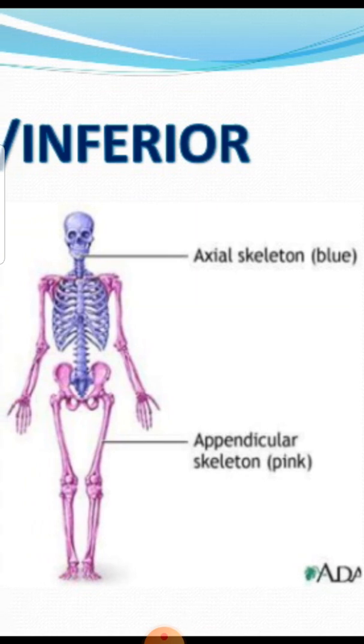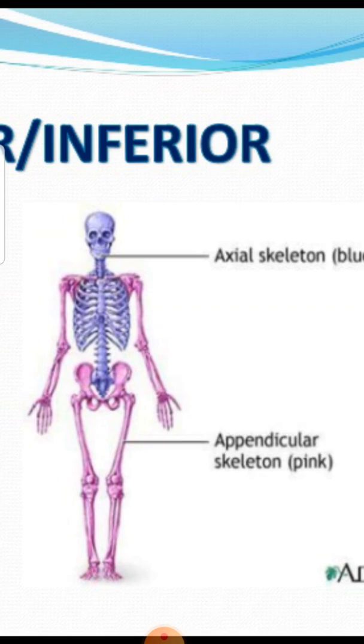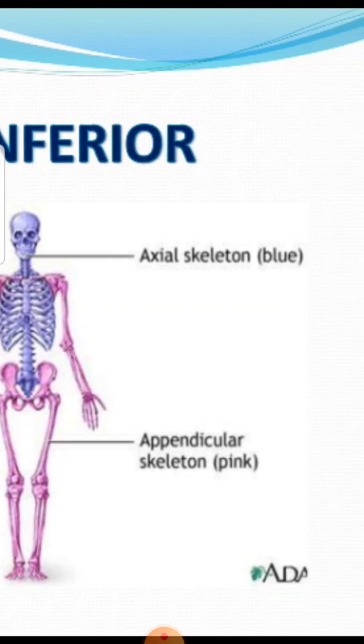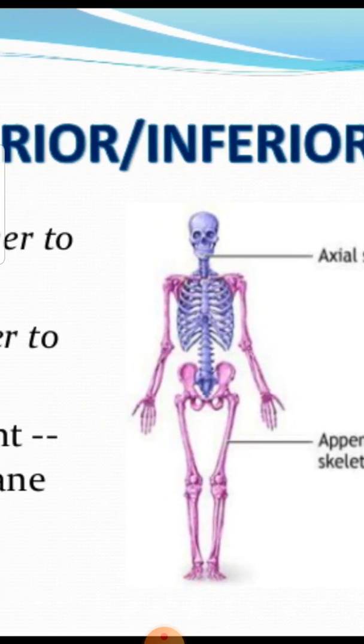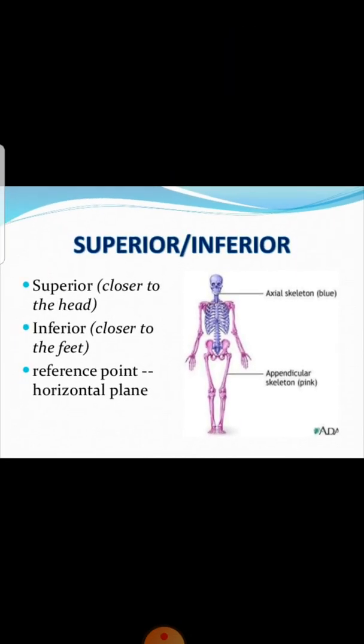So the axial skeleton is superiorly and the appendicular skeleton or your lower limb is inferiorly.